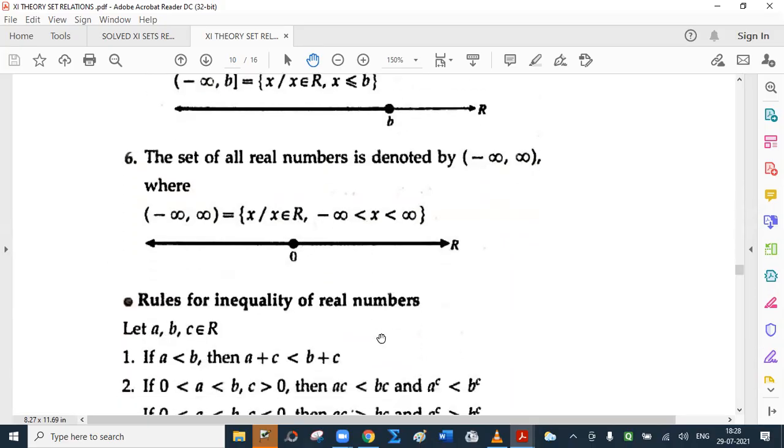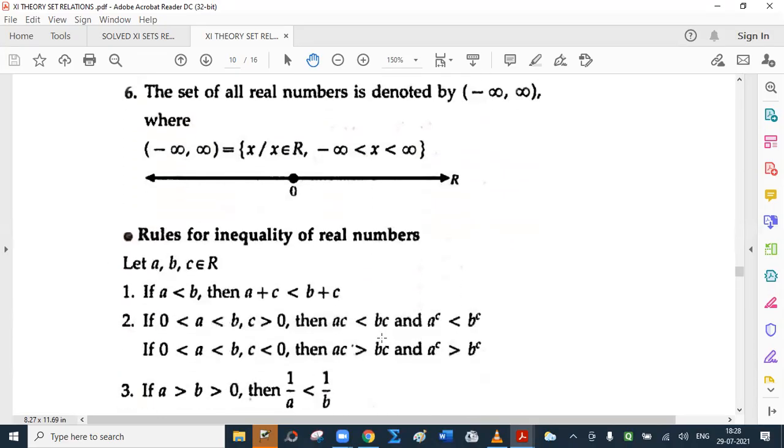Now, just these three rules of inequality. Suppose a, b, c are real numbers. If a is less than b, then a plus c is less than b plus c, obviously. If 0 is less than a less than b and c is greater than 0, that is, if multiplied by a positive number, the inequality remains the same.